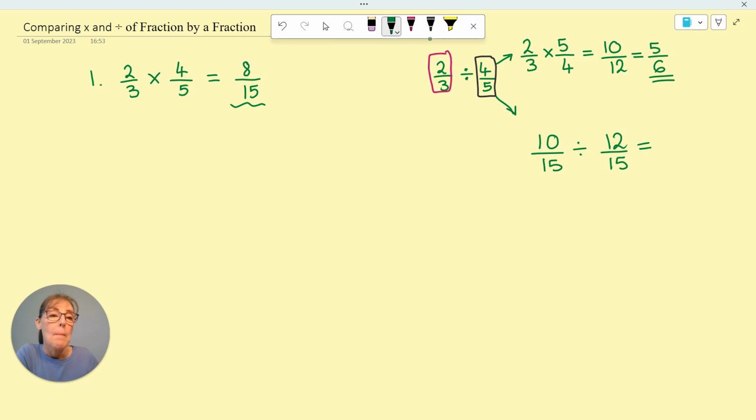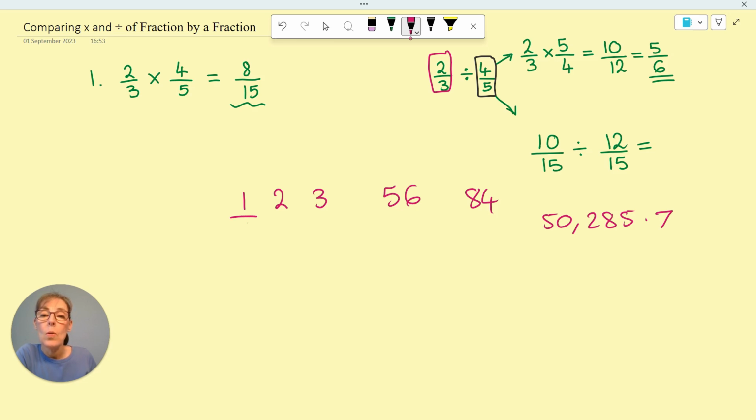Now, because you have 15ths at the bottom, all our counting numbers, so 1, 2, 3, and so on, they all have ones underneath. We just don't show it.